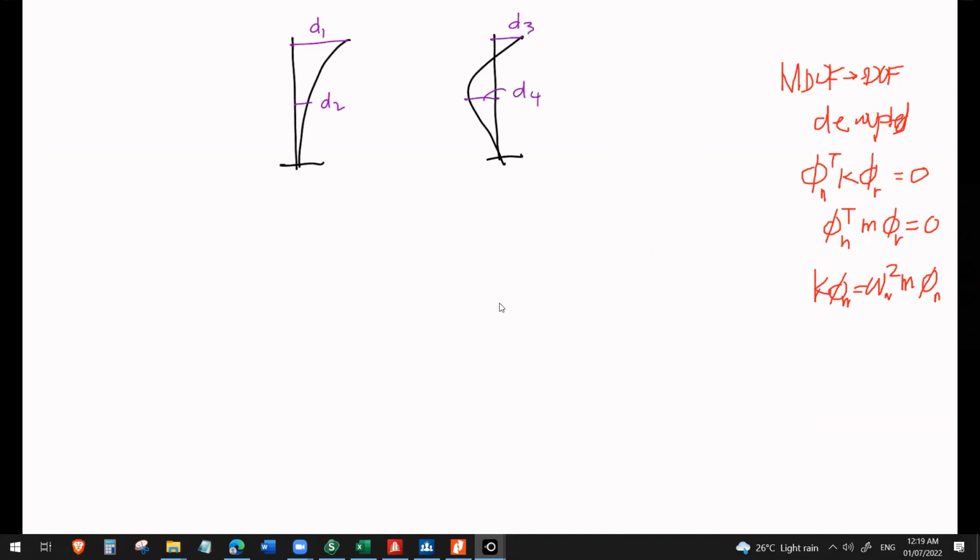Okay, tapos this is F1. So in short, F1 coming from mode 1, I'll make this multiplied by D3, right? So kinuha ko namang displacement coming from mode 2. The work done by that is equal to 0.